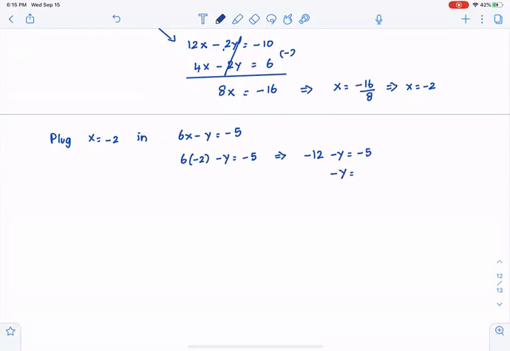Negative y would be equal to negative 5 plus 12. Move the 12 from one side to the other. So negative y would be equal to positive 7. So if we want to solve for y, it would be negative 7. So the solution here is negative 2 for x and negative 7 for y.